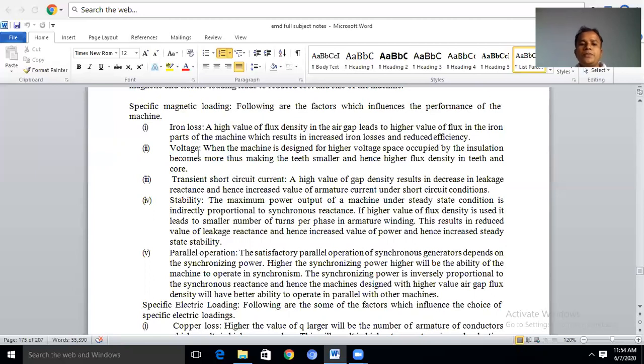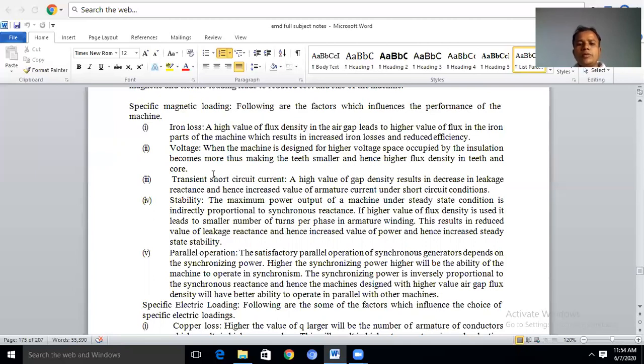If the voltage is increased, the space occupied by the insulation becomes more. In order to avoid failures in the machine, the insulation will be more because the voltage is more here.